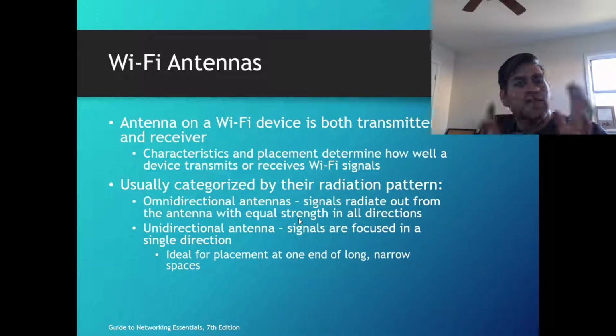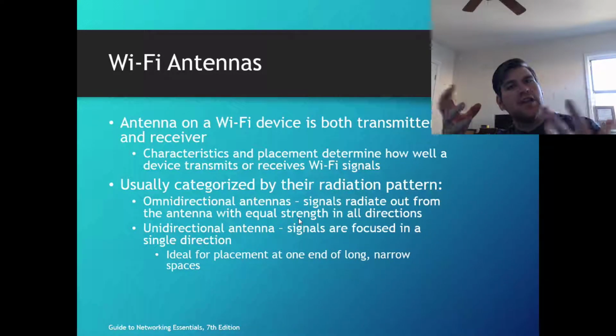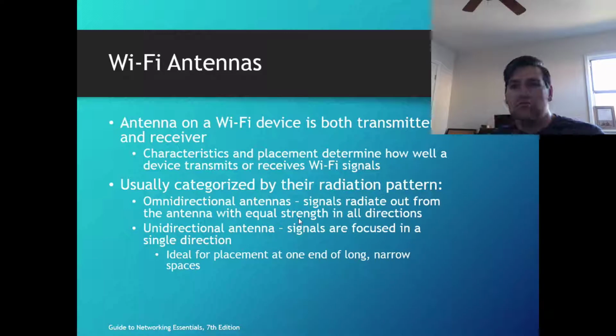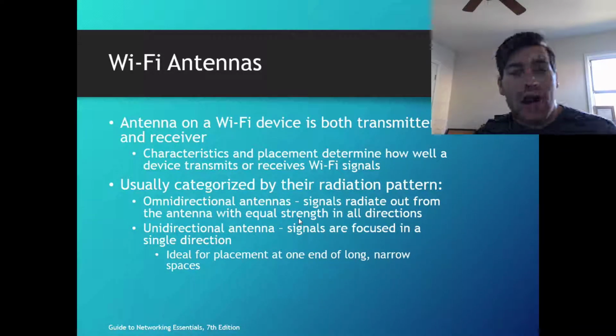So there's certain characteristics, certain things that can change about an antenna to make it transmit in a different fashion. And then the placement: how much interference is there around it? Are you putting it in an area that's very confined with a lot of physical barriers, because physical barriers can affect wireless signals? Is it in a place with a lot of RFI?